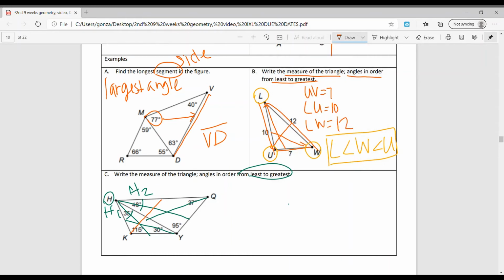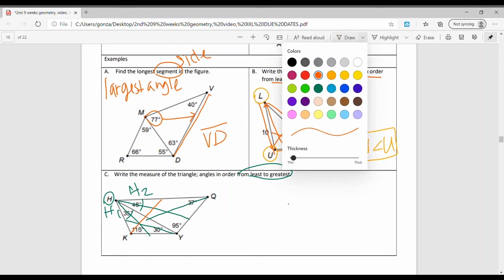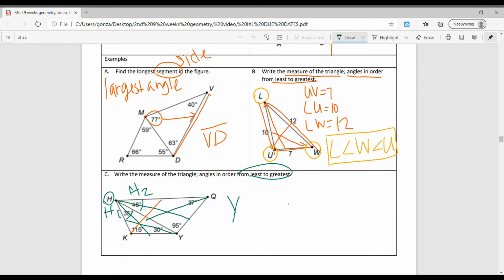So we're going to go from least to greatest. It's going to be angle Y is less than H1, which is less than Q, which is less than H2, and then less than K.